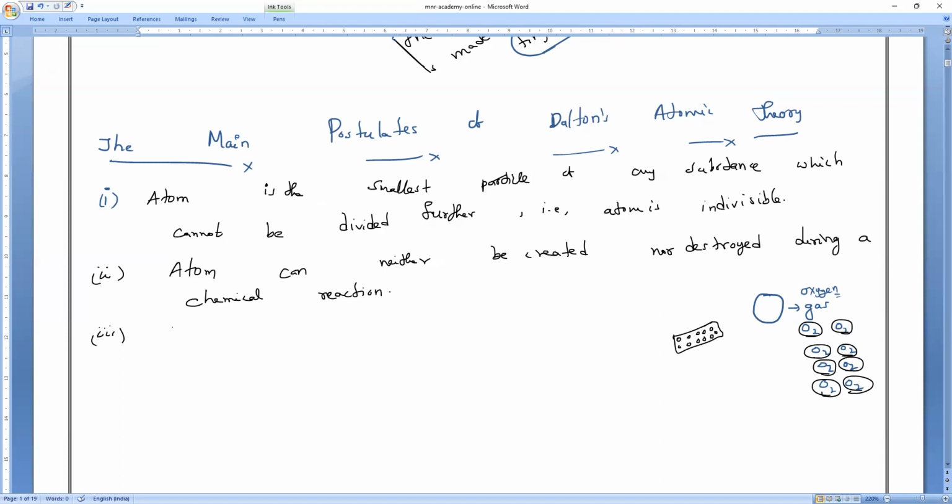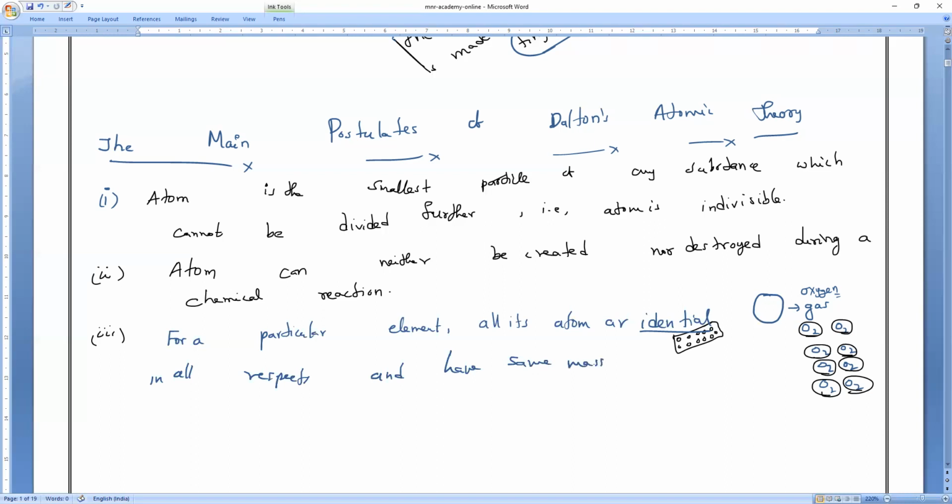So for a particular element, all its atoms are identical or different? They are identical in all respects and have the same mass.